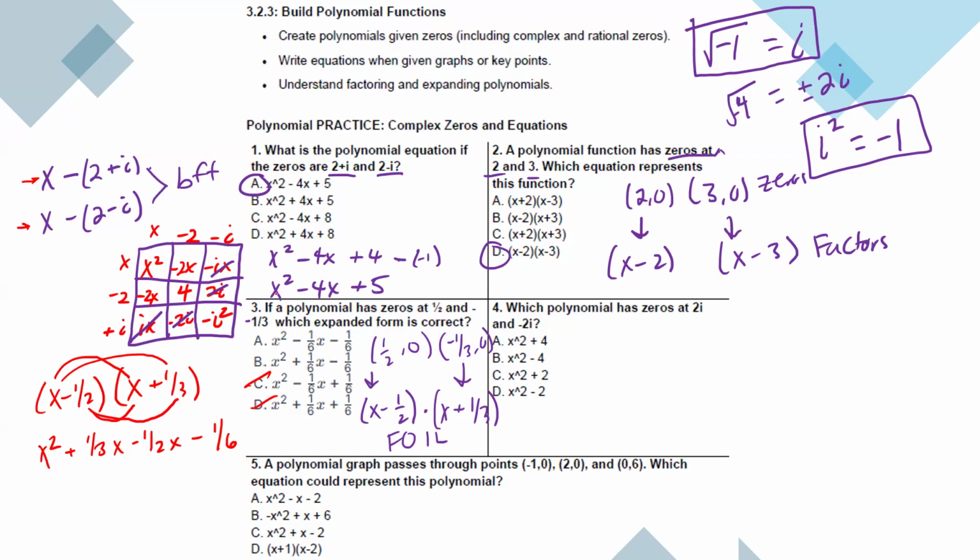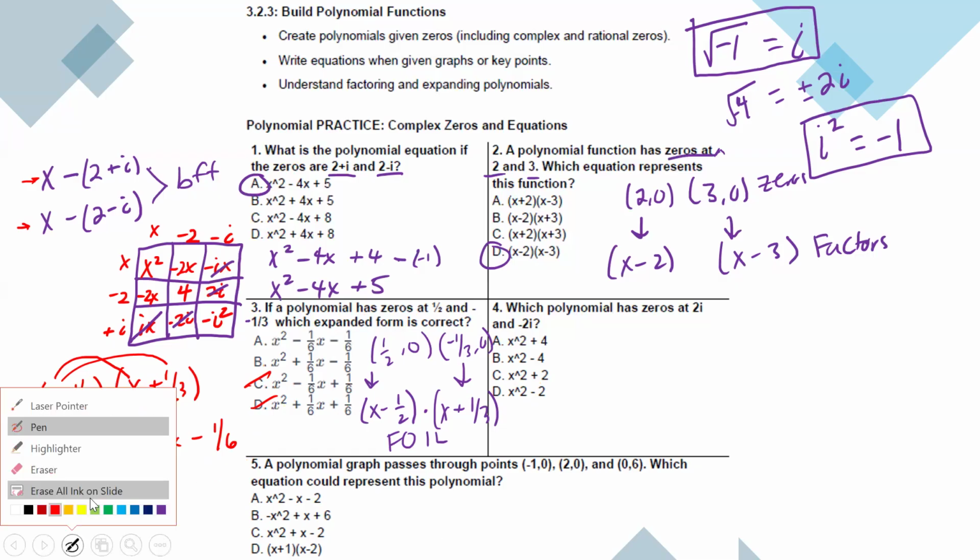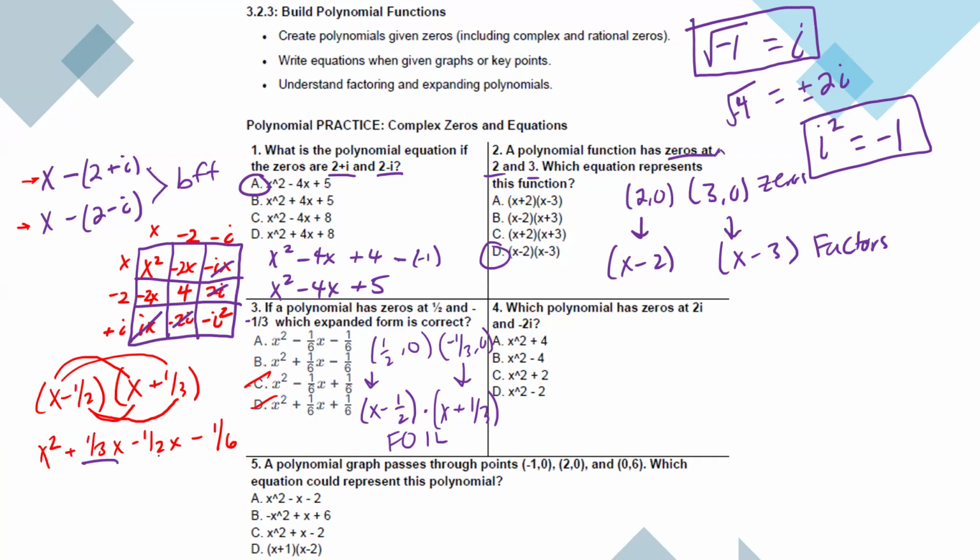Okay? And now, in order to combine fractions, what do they have to have? Fractions have to have what? Common denominator. So if I have 1/3 x and negative 1/2 x, how can I combine them? What would be their common denominator? The LCD of 3 and 2 is what? 6. There we go.